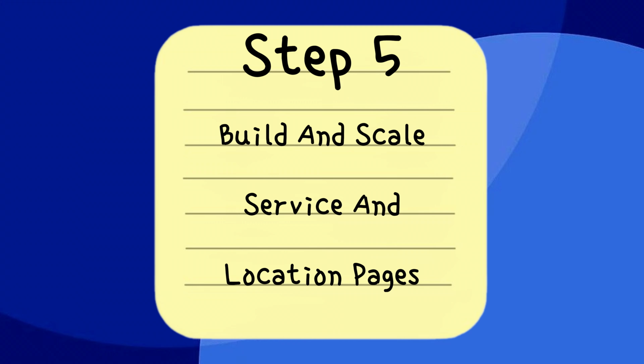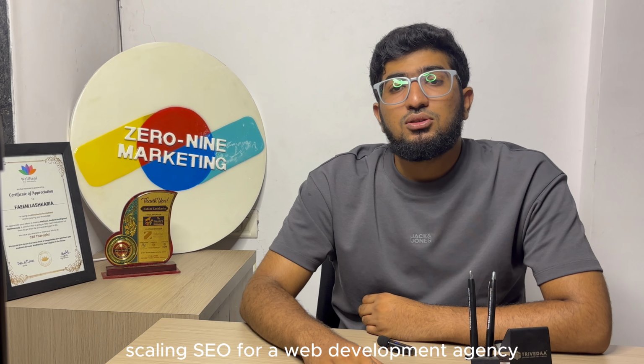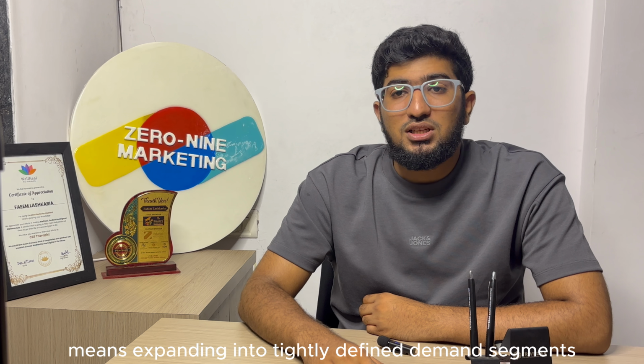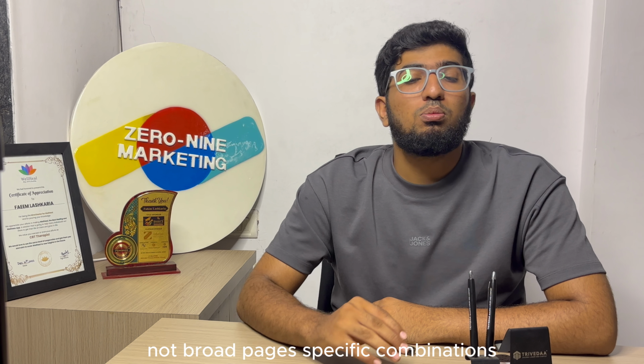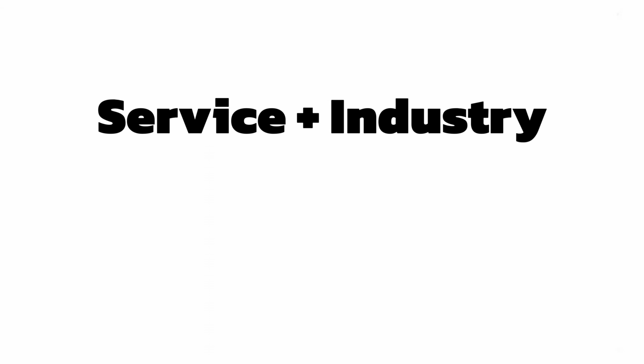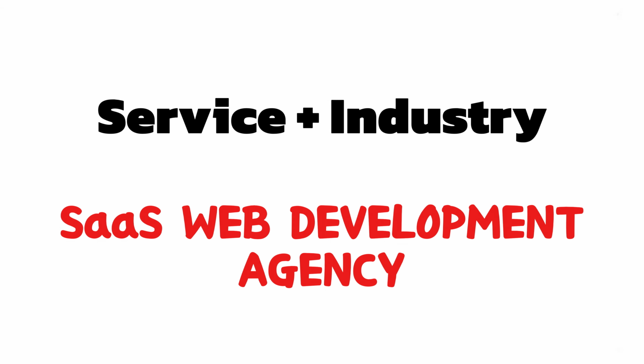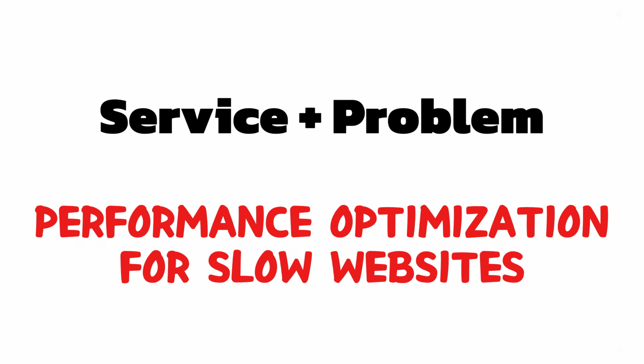Step 5, build and scale service and location pages. Scaling SEO for a web development agency means expanding into tightly defined demand segments, not broad pages, specific combinations. Service plus industry: SaaS web development agency. Service plus problem: performance optimization for slow websites.